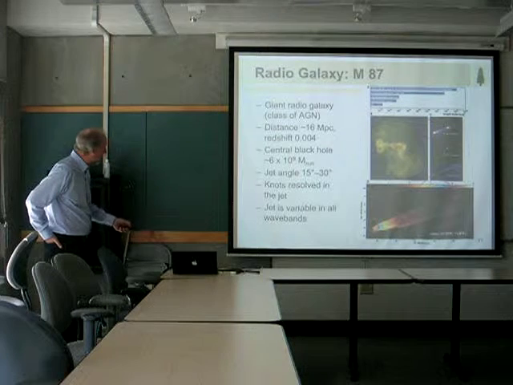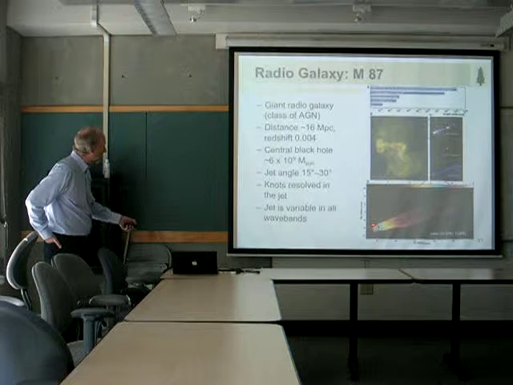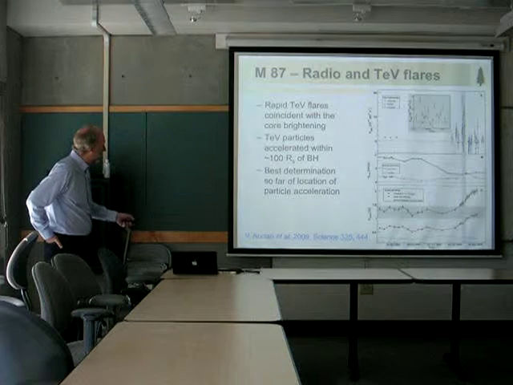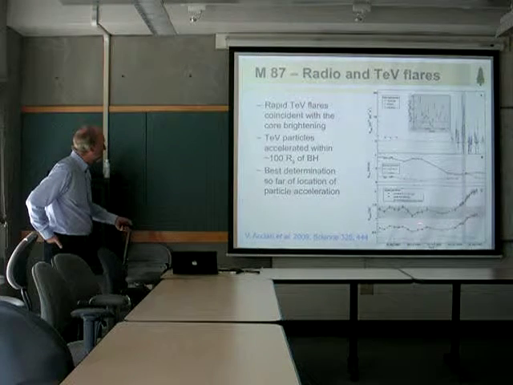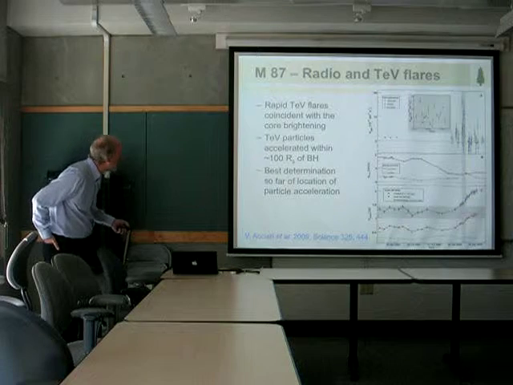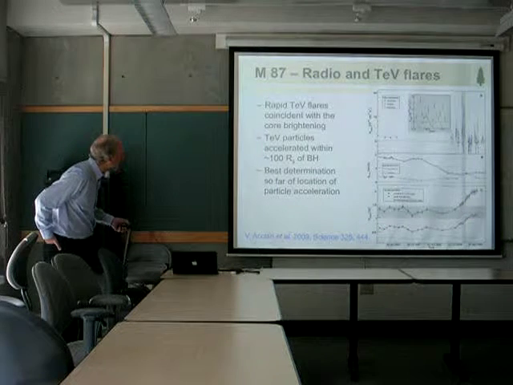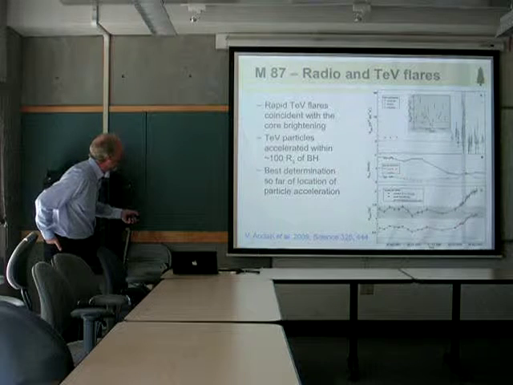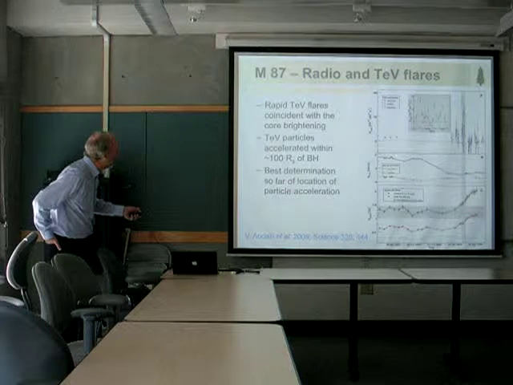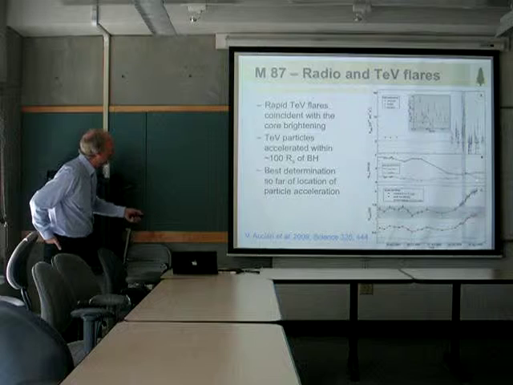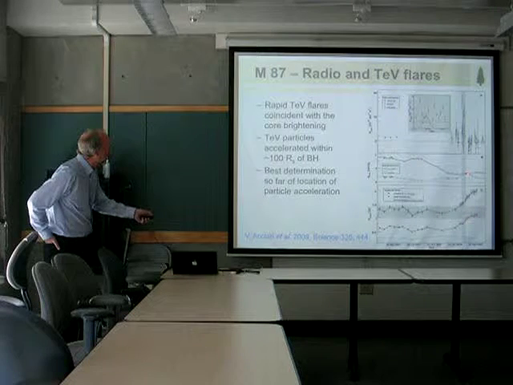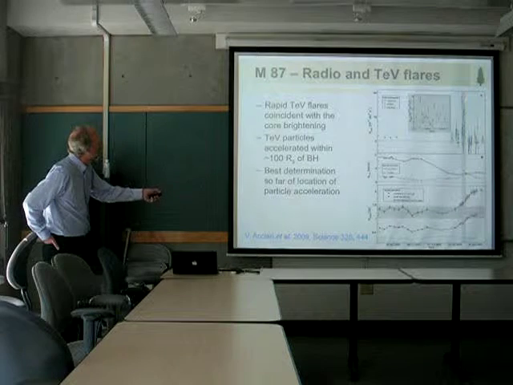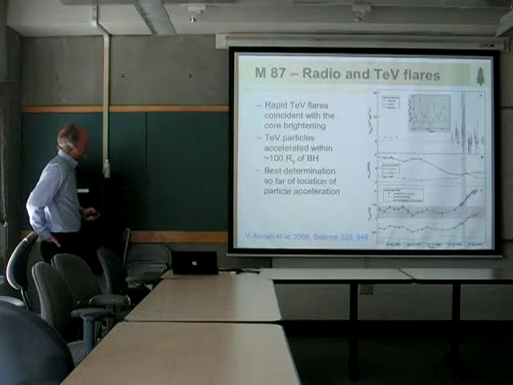The nucleus is this region right here at the very start of the jet, and in comparison, there's also emission from one of the knots, one of the bright spots, which was brighter and then faded, and the nucleus here got brighter around the same time that we saw an outburst of gamma rays from this object with Veritas.